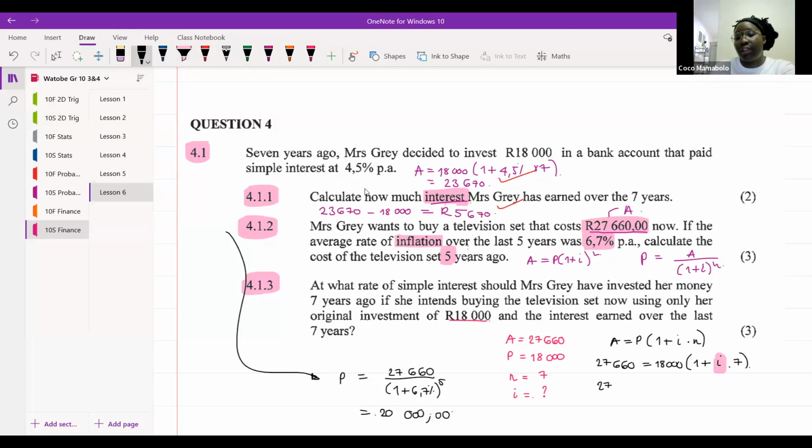So we're going to get 27,660 divided by 18,000 is equal to 1 plus i times 7, right? Correct, that's it. And then we're going to take that 1 over to the other side.